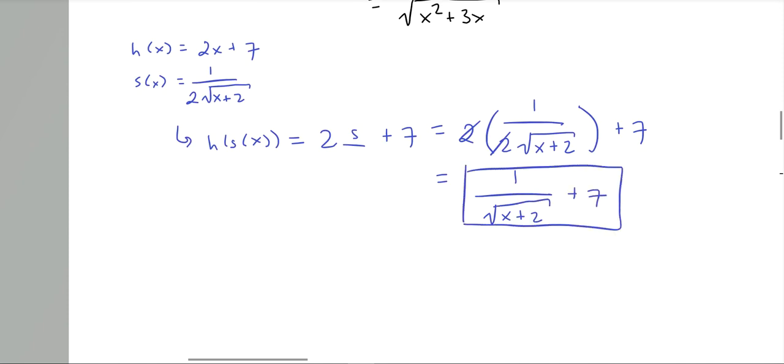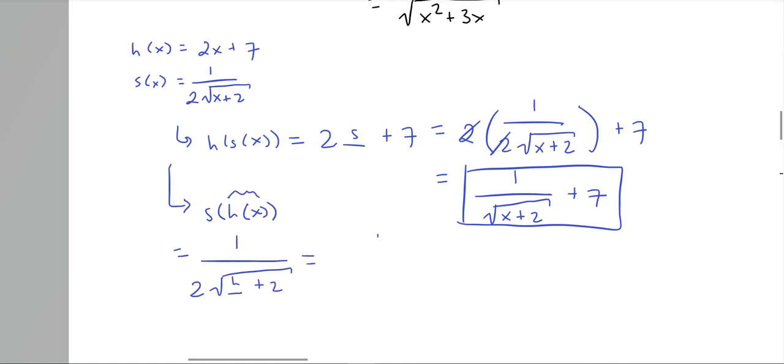Now let's go ahead and find s of h of x. In this case, we substitute in this h of x function wherever there's an x in our s of x function. s of x is telling us 1 over 2 square roots of something plus 2, and we're plugging in the inner function h for that something.